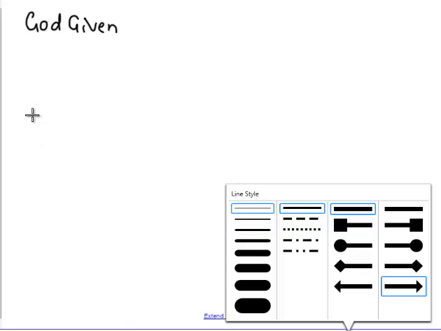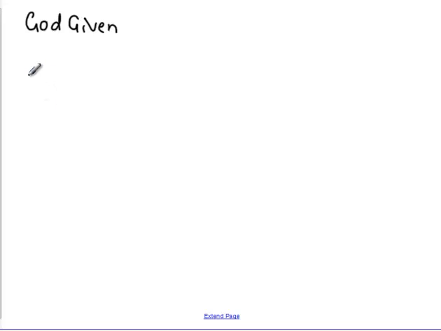Right. What are we going to take as God-given here? We're going to take as God-given that the exponential number elevated to power x can always be written as 1 plus x plus x to the power 2 over 2 factorial.